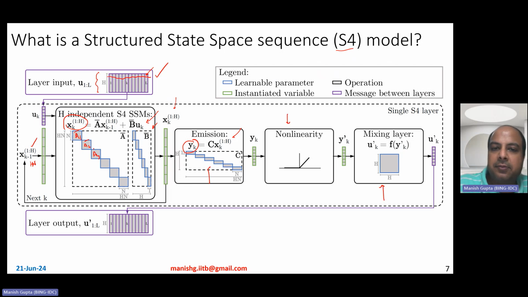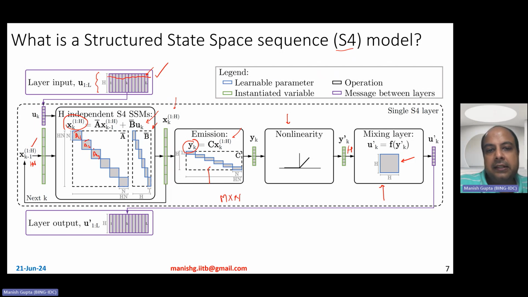As we discussed on the previous slide, you can mix if your C was not just a vector, but more like an M cross N thing. But nothing stops you from mixing even otherwise. Even if you just get, let's say, an H-sized y, you can still do an H cross H dense layer and have those dimensions mixed with each other. As simple as that, right? So that's basically a mixing layer as well.